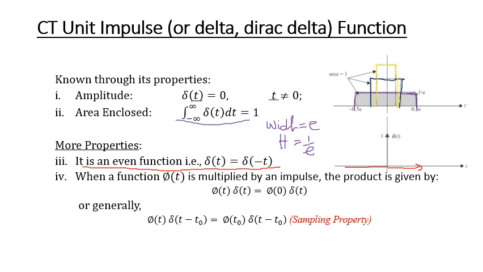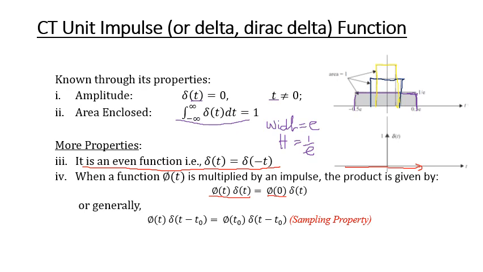Again, the property we discussed for the discrete time case was the sampling property. So any signal multiplied by the impulse, that means phi of t times impulse of t, will result in phi of 0 times the impulse of t, because the argument of the impulse here is t.